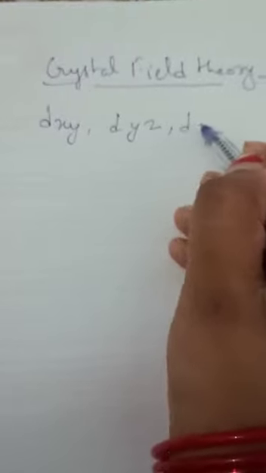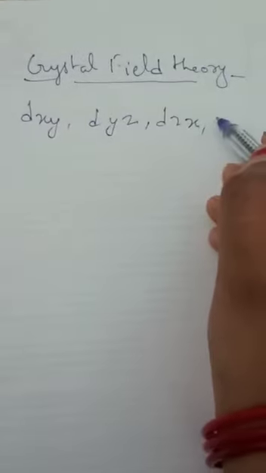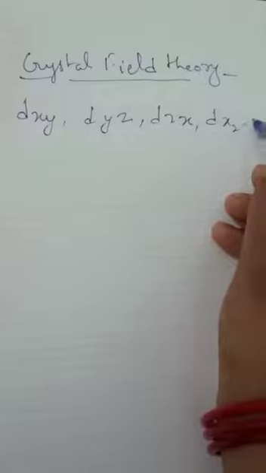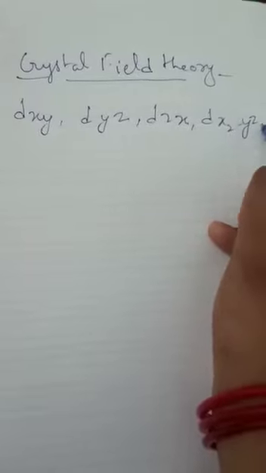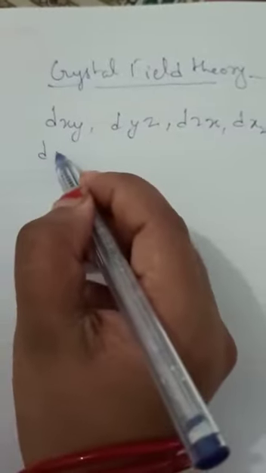In class 11th you had studied that we have 5 d orbitals, that is dxy, dyz, dzx, dx square minus y square, and dz square.